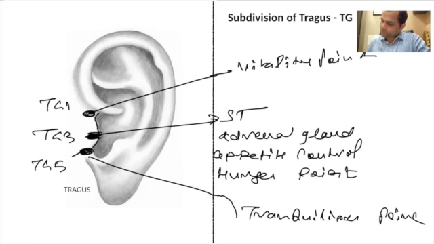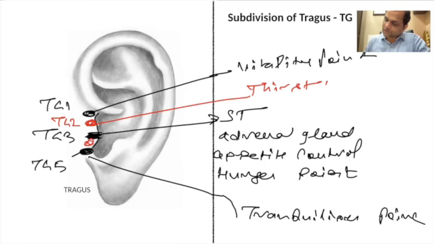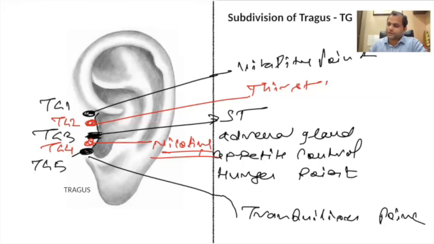Then tragus 2 is the thirst. Then tragus 4 is the nicotine. So in this way, we also got the adrenal point.